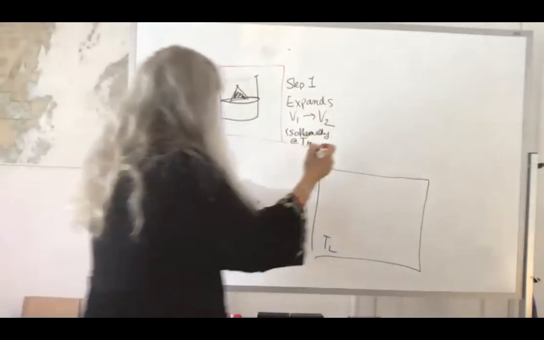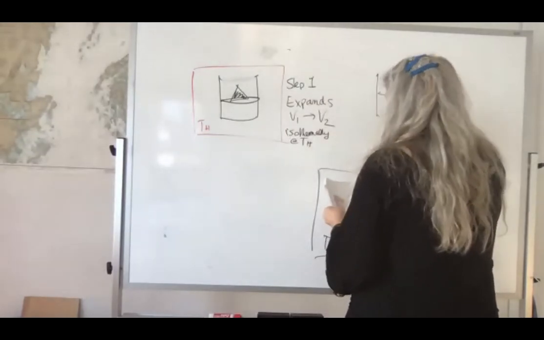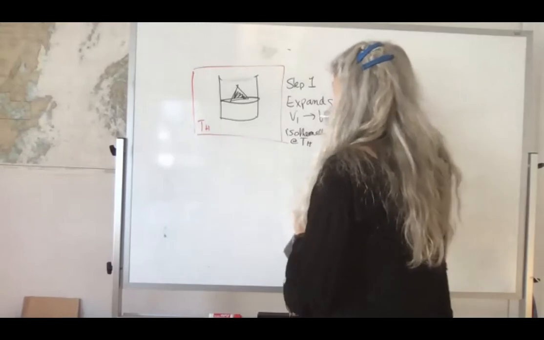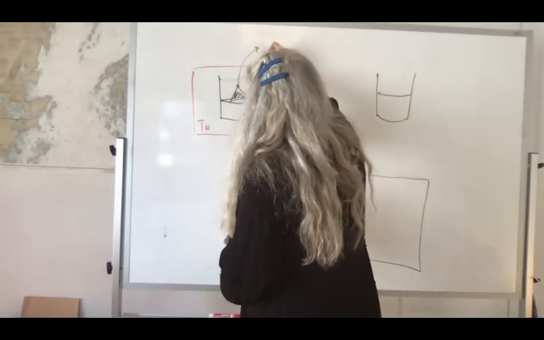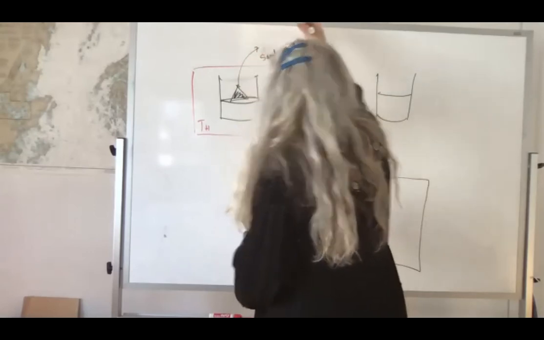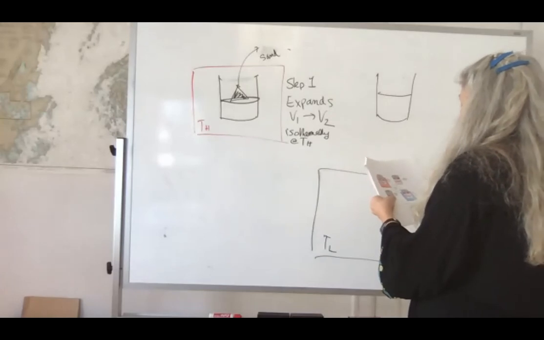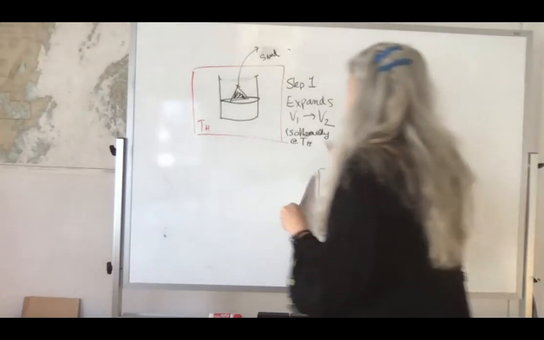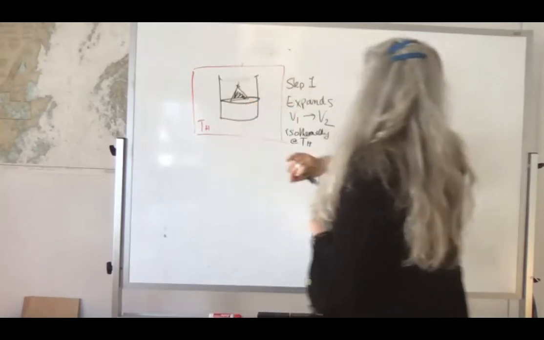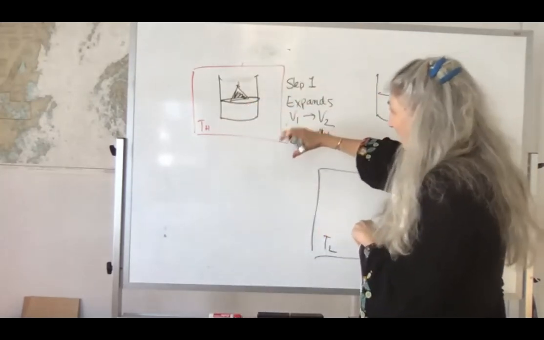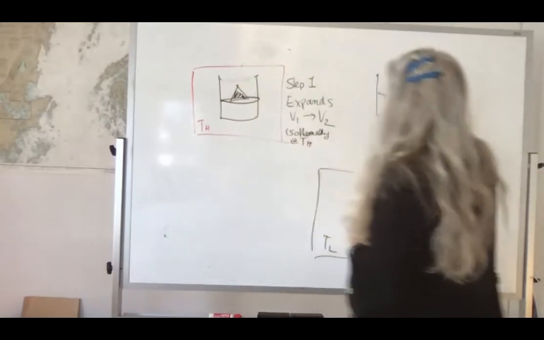So step 2 is over here, and now it's isolated. We're taking off sand because we're letting it expand. Actually, no, we don't have to take off sand in step 1. What I really mean is we're putting it in the bath and it's heating up, and that's what's causing it to expand. So temperature causes it to expand.